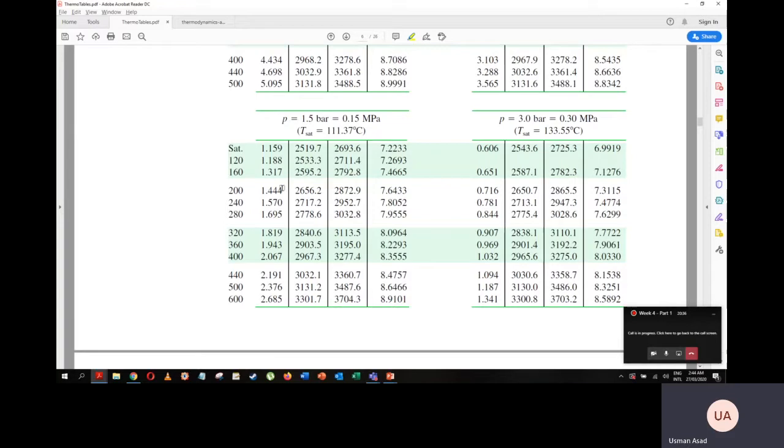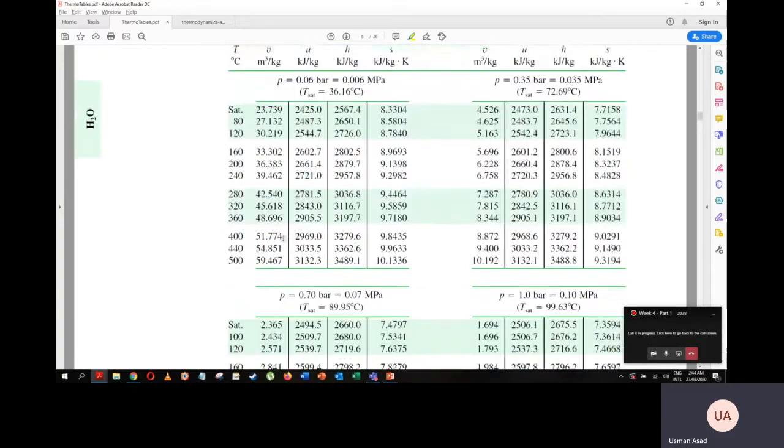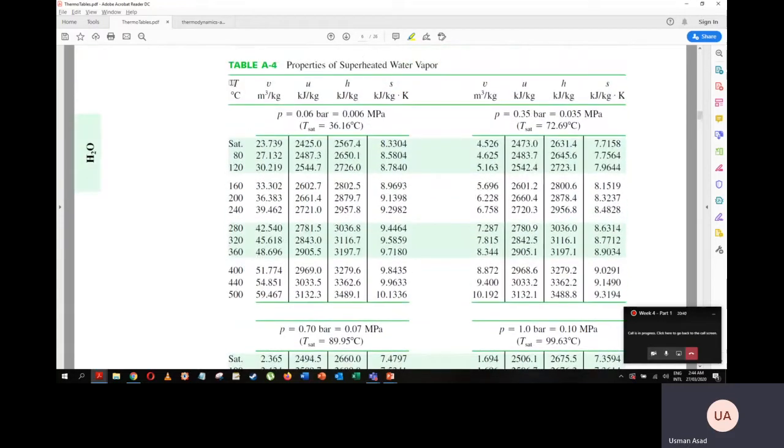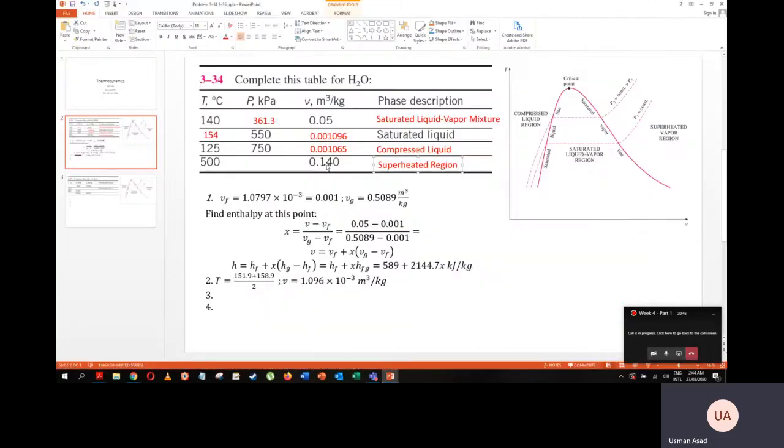So what we're trying to do is we are trying to find a set of values कि जहाँ पे temperature 500 है और जो volume है वो 0.14 है, which you're not really going to directly find, but you can definitely get close enough.